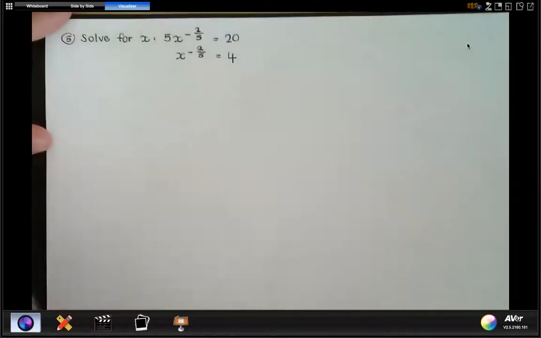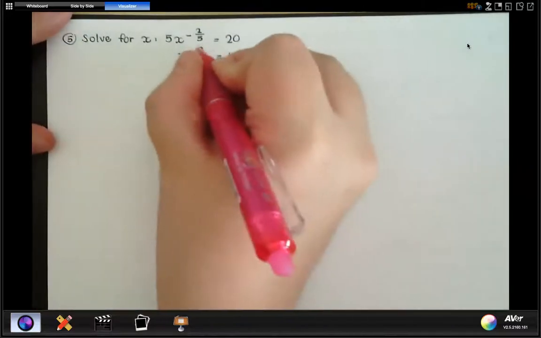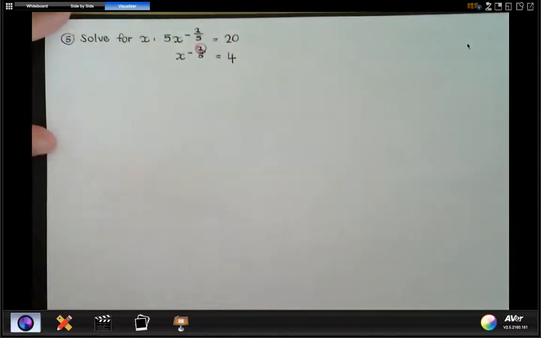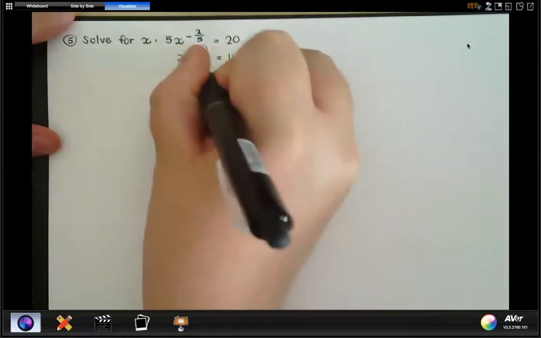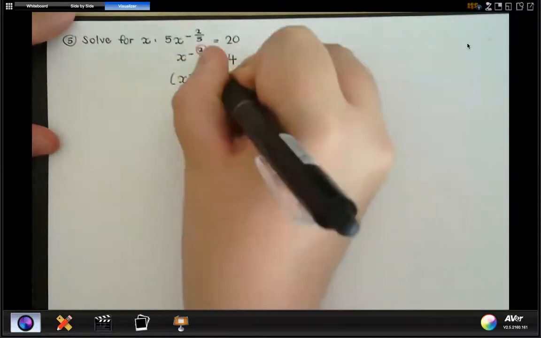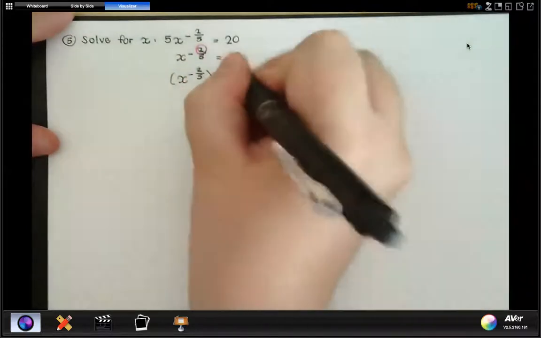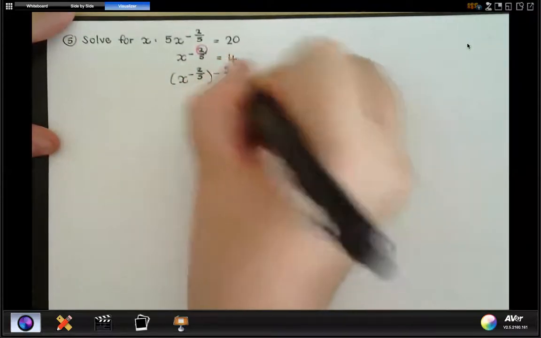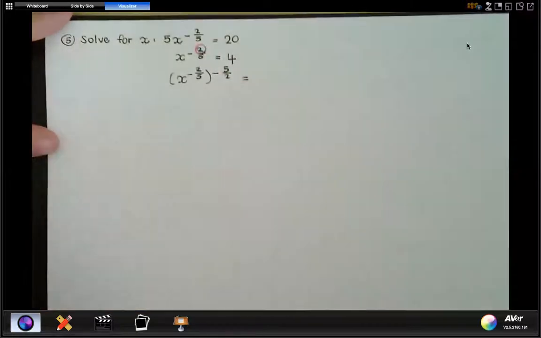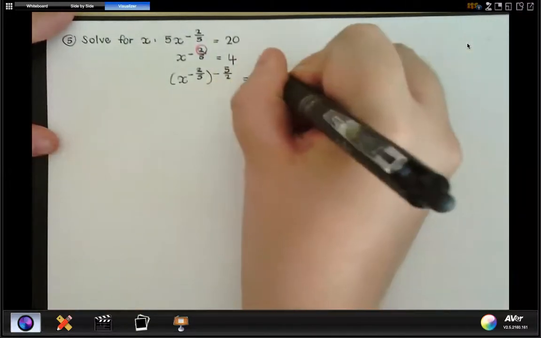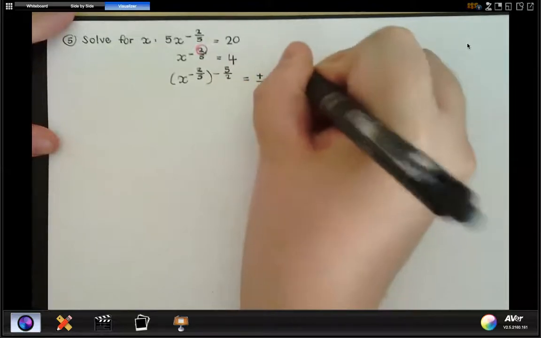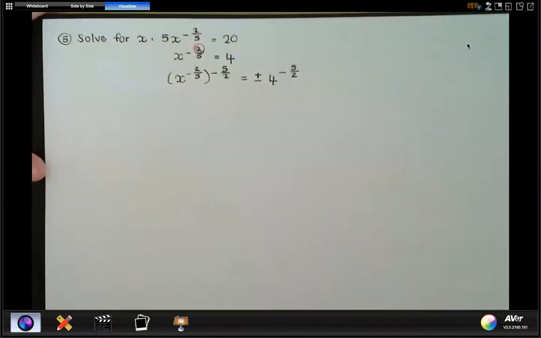Do we again notice that we have an even numerator? So now to cancel out my exponent of negative 2 over 5, I have to raise it to the power of negative 5 over 2. And because my original numerator was even, I have to say plus or minus 4 to the negative 5 over 2.